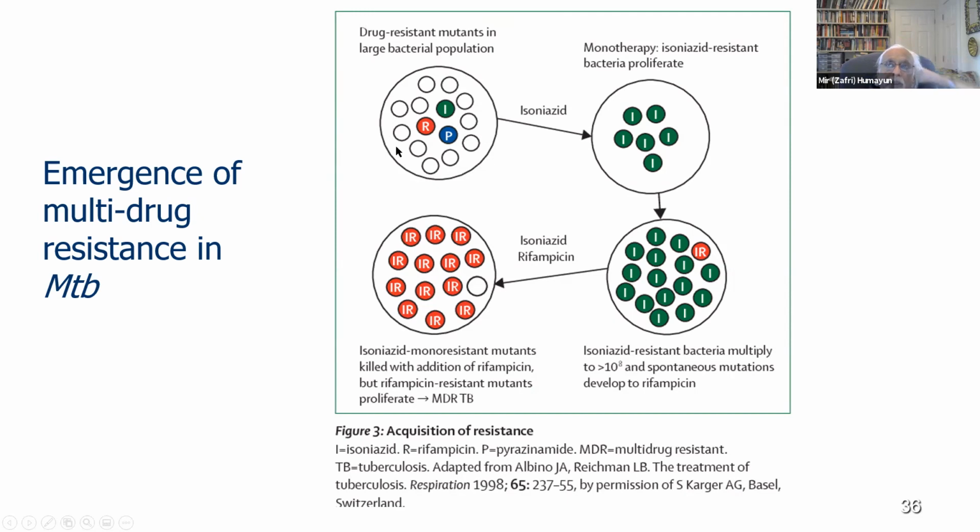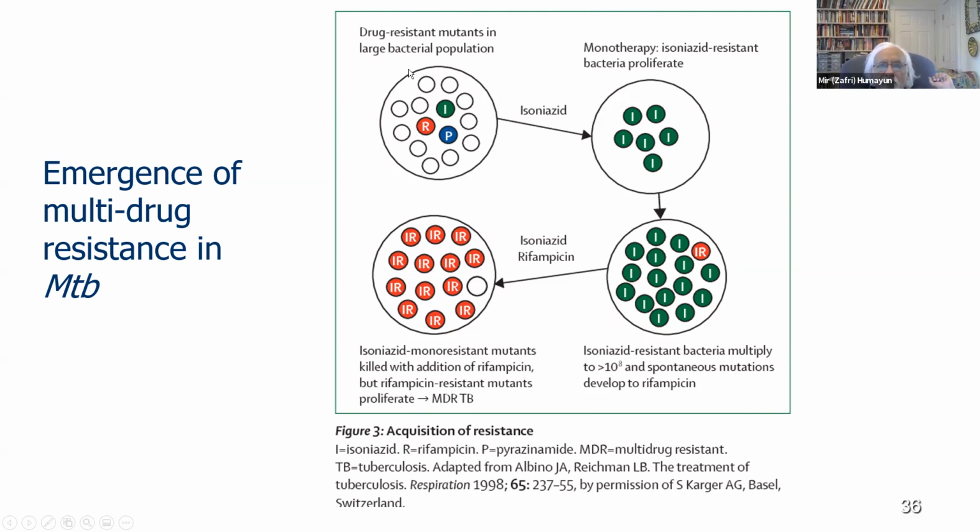Now, a patient who is infected by TB has a large number of TB bacilli, right? Within any large bacterial population, there will be a small minority, at the rate of like 1 in 1 million cells, which will spontaneously develop resistance to, for example, isoniazid or rifampicin and so on. So these are not very large fractions, one cell in a million. And this is a random process. Mutation, as you know, is a random process.